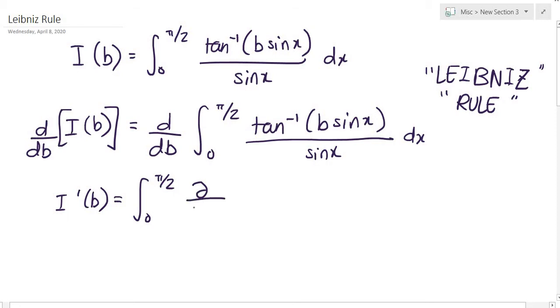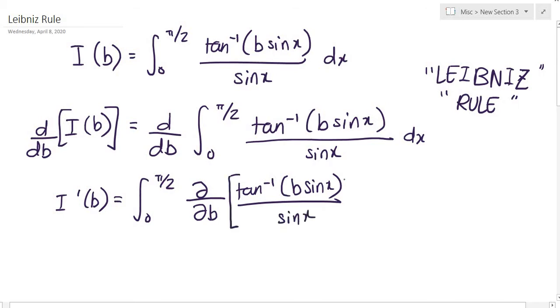So partial over partial b of the inverse tangent of b times sine of x all over sine of x. So the partial derivative is acting on the entire integrand like this, and we still have our dx.